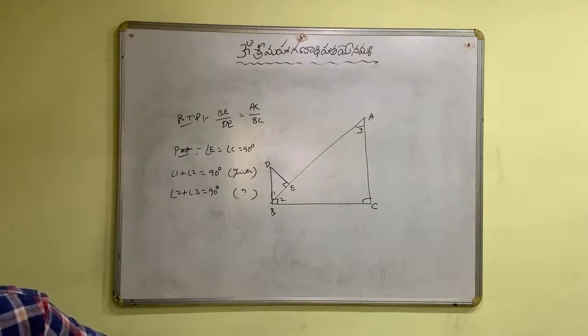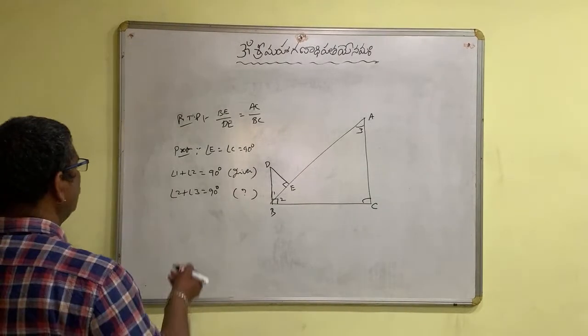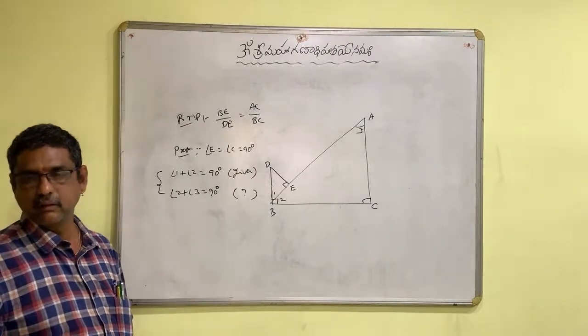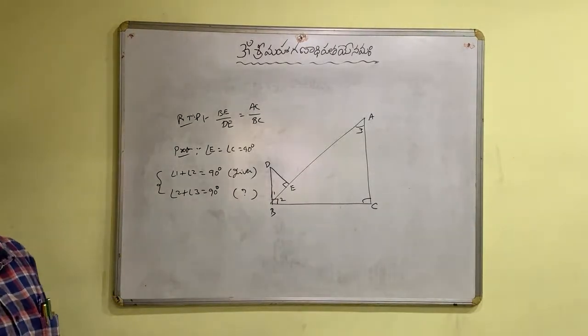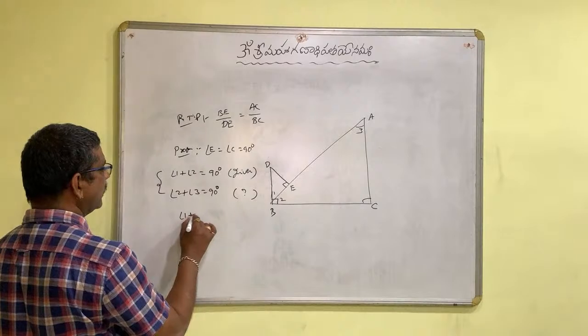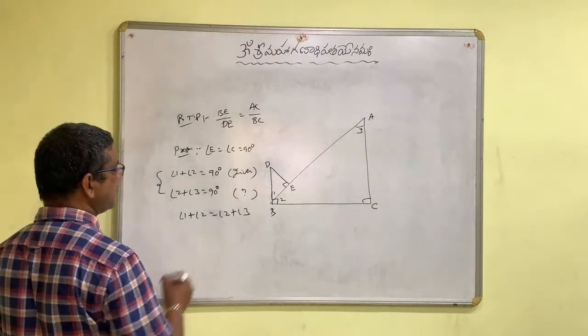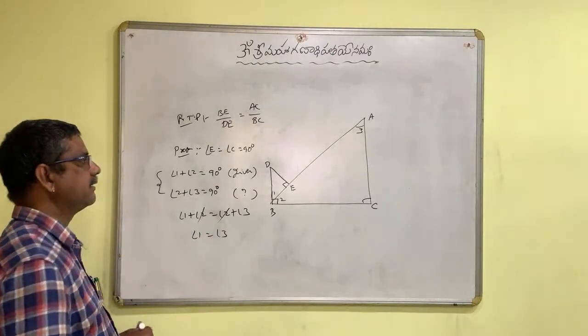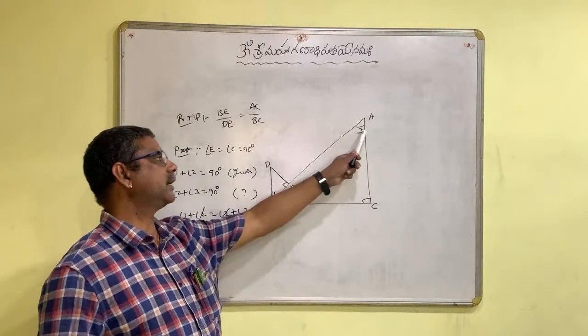But why is angle 2 plus angle 3 90? Yes, angle sum property of triangles. So from these two, things which are equal to the same thing are equal to one another, by Euclid's property. We can write angle 1 plus angle 2 is equal to angle 2 plus angle 3. So these two get cancelled. Angle 1 is equal to angle 3. Angle 1 of this triangle is equal to angle 3 of that triangle.